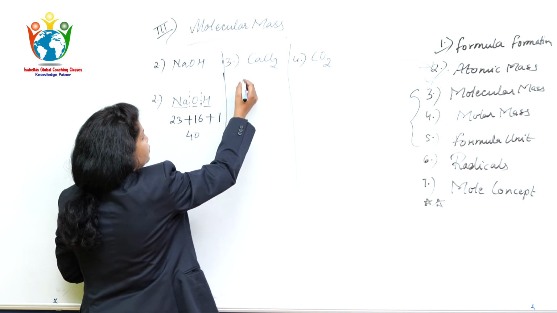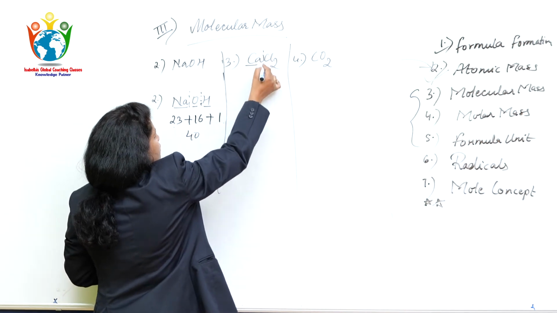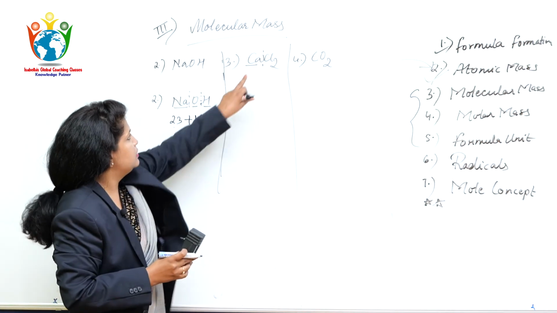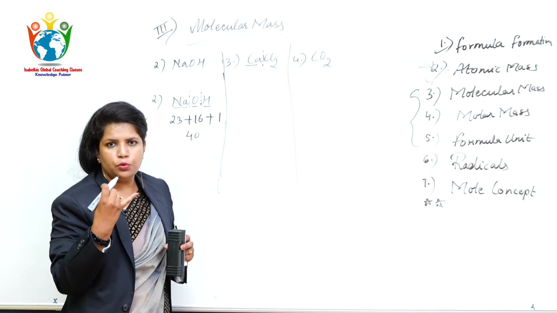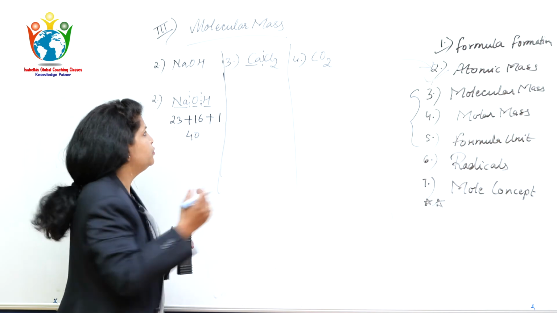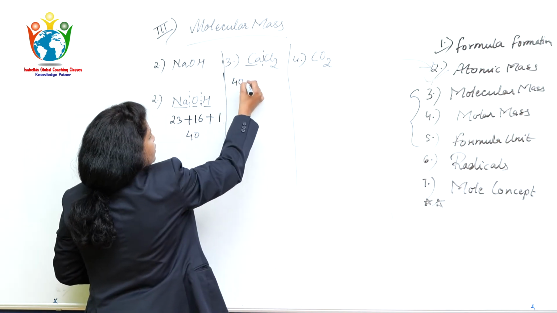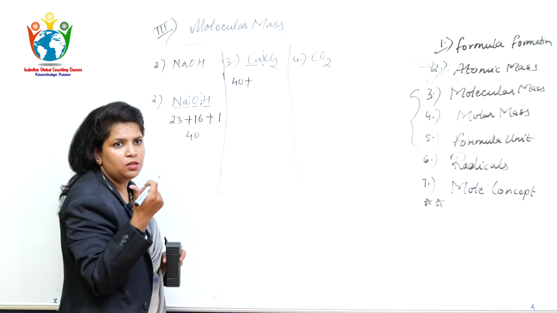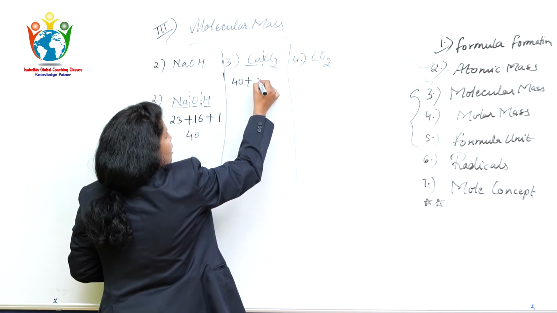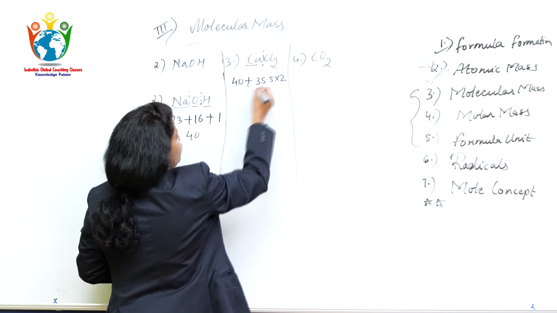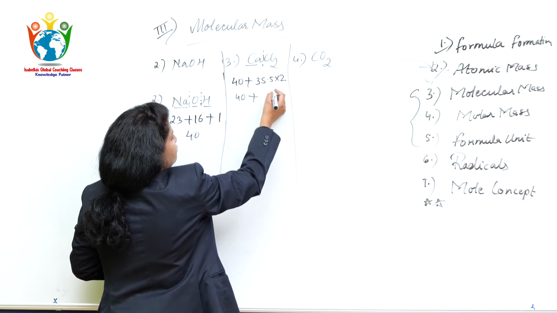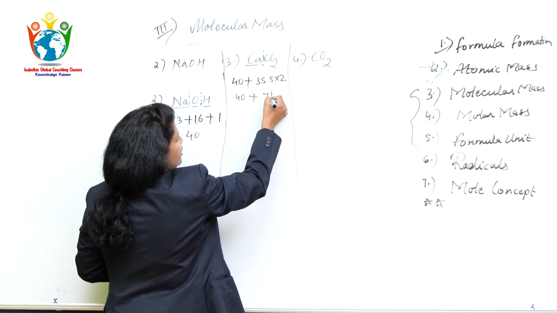Okay, CaCl2. Calcium I know is at the 20th position, 20 multiplied by 2 is 40, we can directly write 40. Now chlorine is an exception, I already mentioned to you 35.5, now multiply by 2. So 40 plus 35.5 multiplied by 2 is 71.